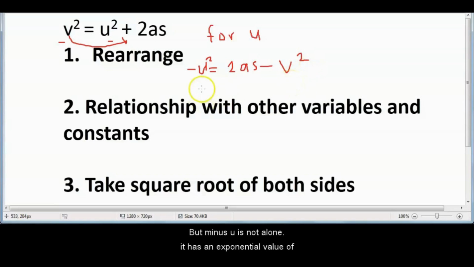But minus u is not alone. It has an exponential value of 2 and a negative sign. First, let's remove the negative sign by multiplying both sides by minus.